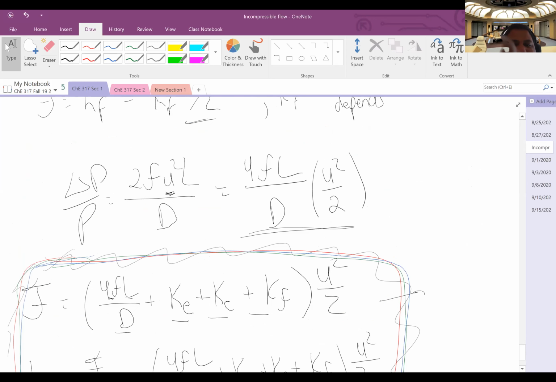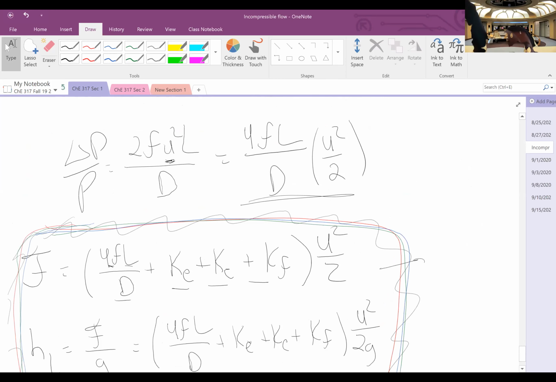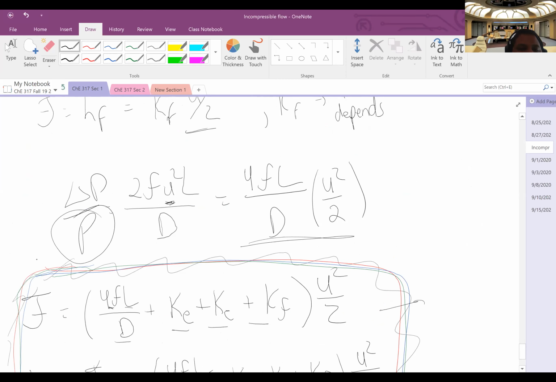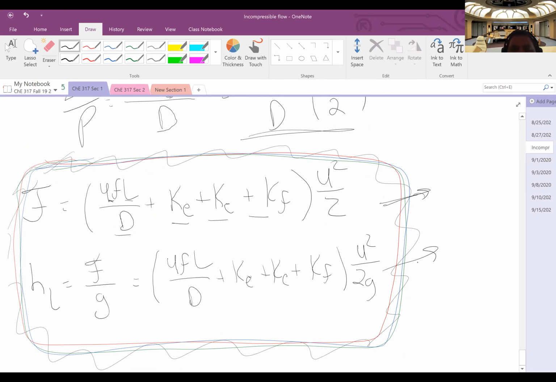This is where it'll get tricky when you're doing some of the calculations, primarily because density likes to disappear sometimes in these calculations. And that's why I always stress, let the units tell you what needs to exist within your equation. Each of the expansion, contraction, and fitting losses are going to be unitless.